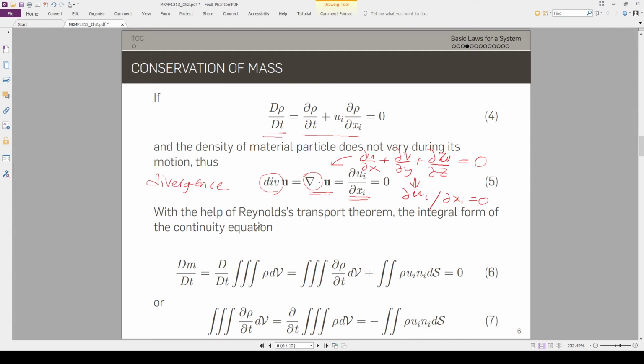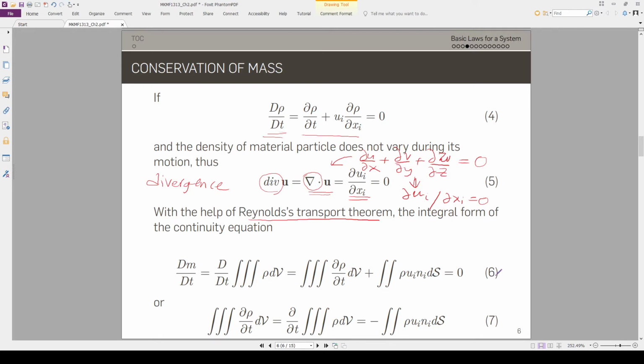And furthermore, with the help of Reynolds transport theorem, so I'm not going to discuss in detail about the Reynolds transport theorem, which I guess you have done during your undergraduates in your fluid mechanics course. So the integral form of the continuity equation can be developed.